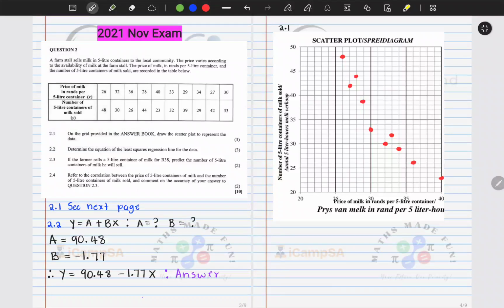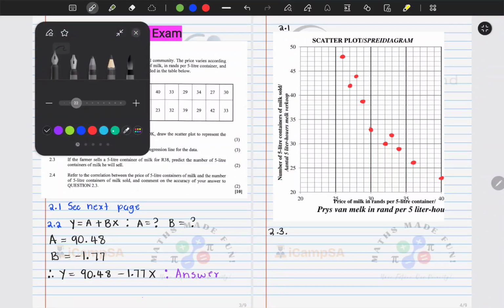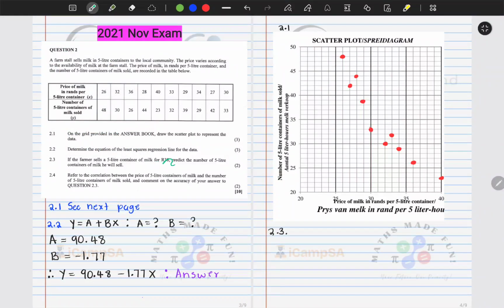Okay. Then the next question, 2.3, we are asked, if the farmer sells 5 liters of milk for 38 rands, then we need to predict the number of 5-liter containers that he would sell.